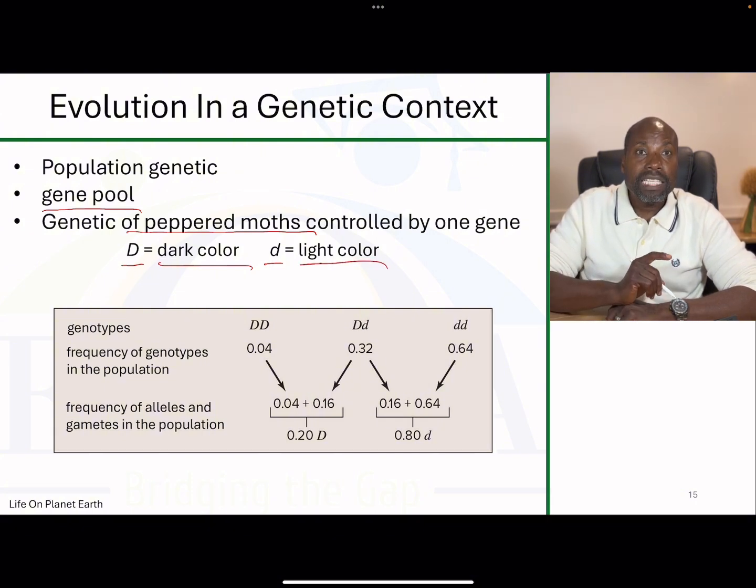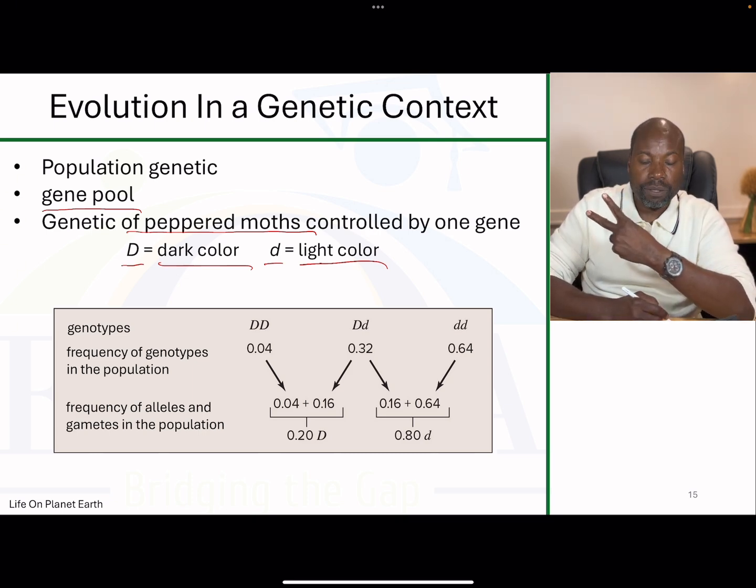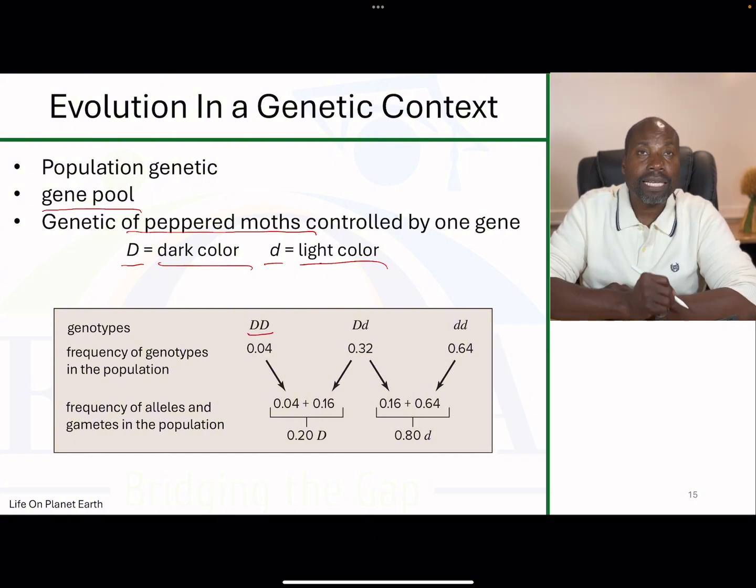Individuals that are dark have two possible genotypes: capital D capital D, dominant homozygous, and capital D lowercase d, heterozygous.